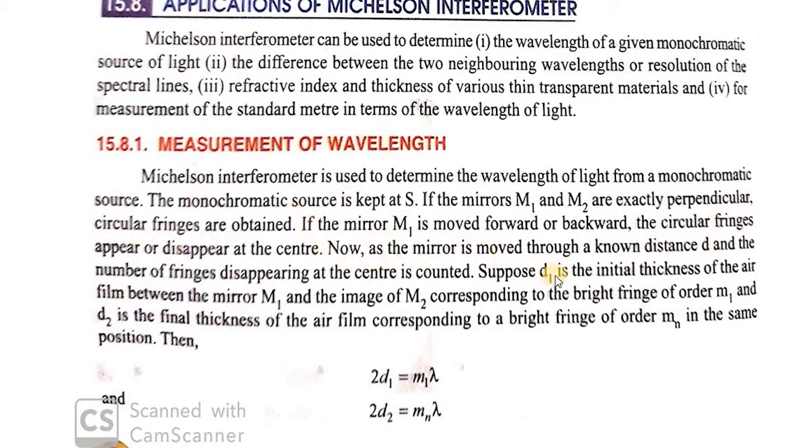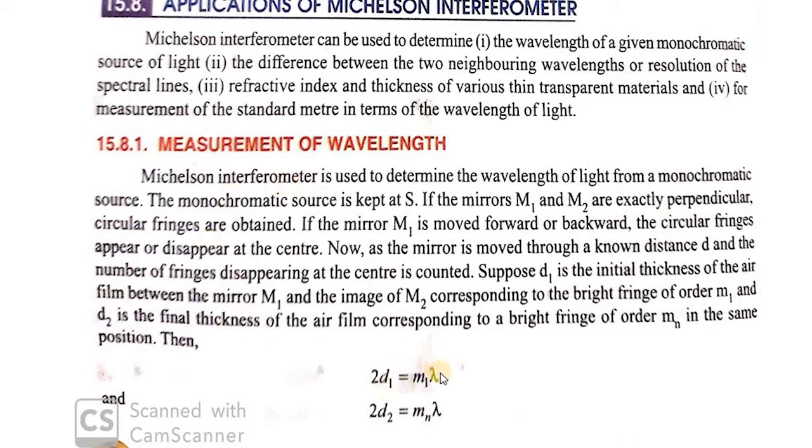Now the mirror is moved through a known distance d and the number of fringes appearing at the center is counted. Suppose d1 is the initial thickness of the air film between mirror M1 and the image M2, corresponding to the bright fringe of order m1, and d2 the later thickness.